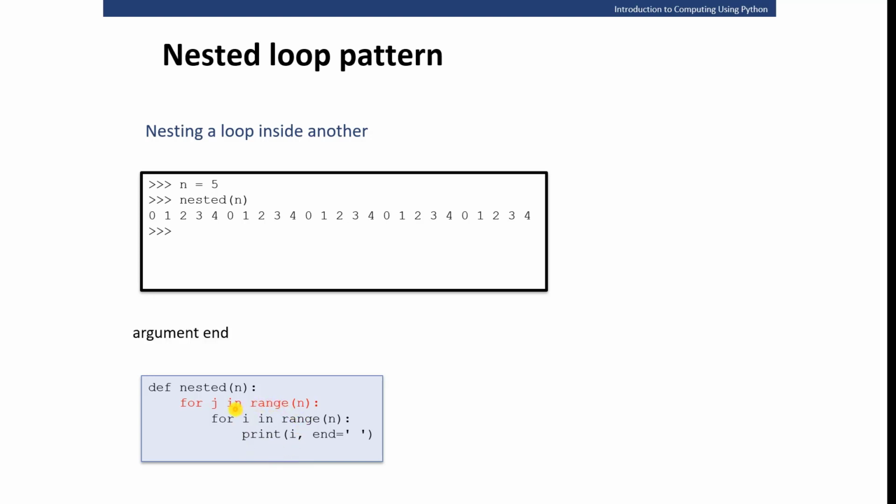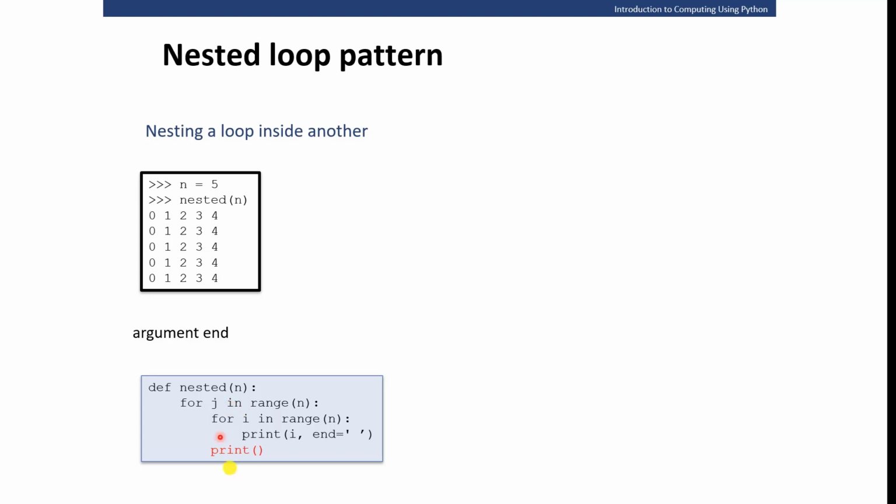So how do we do that, guys? By adding a print here. Let's take an example, number 5. For j in range 5, and the indented code block is for i in range 5, this inner loop will make sure that I'm printing the numbers from 0 to 4.